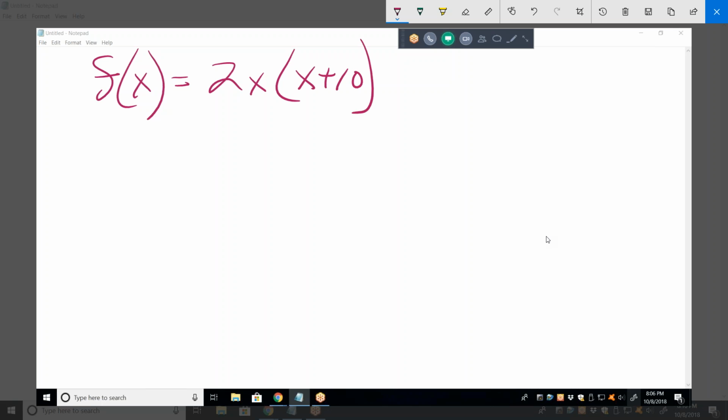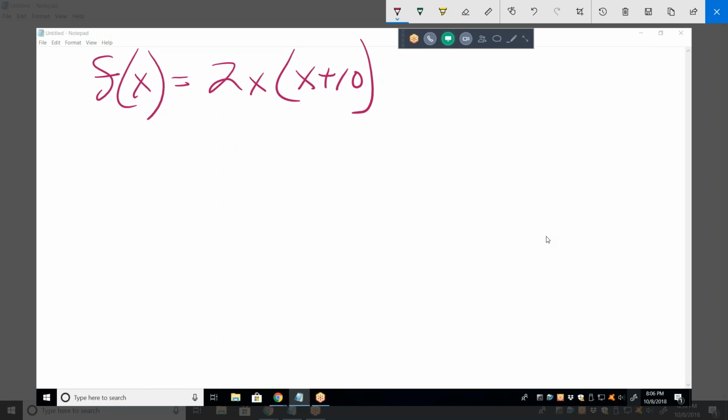So next problem. They want me to do the same thing, and the equation is f of x is equal to 2x parentheses x plus 10. Again, they give it to you as an f of x instead of a y, but they give it to you as a y whenever they're giving it to you in vertex format. I find that kind of interesting.